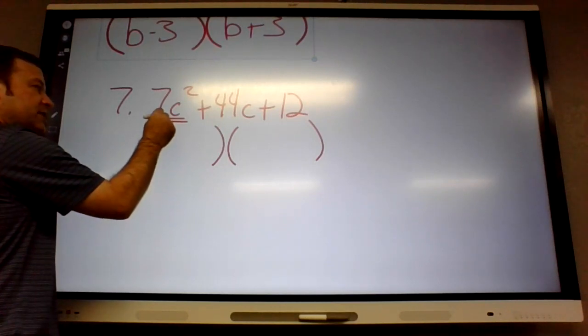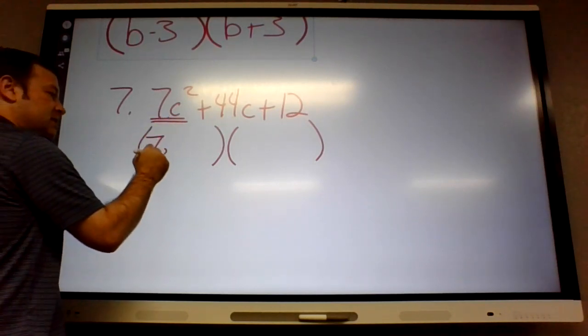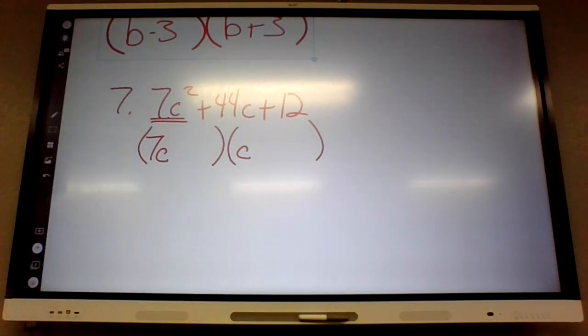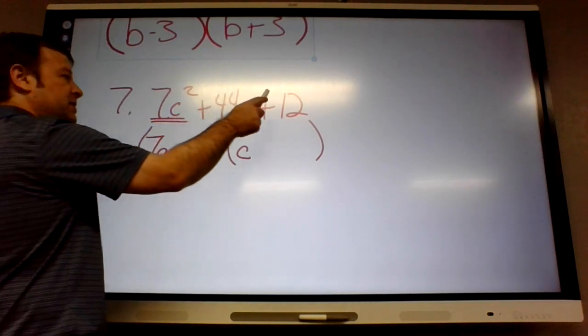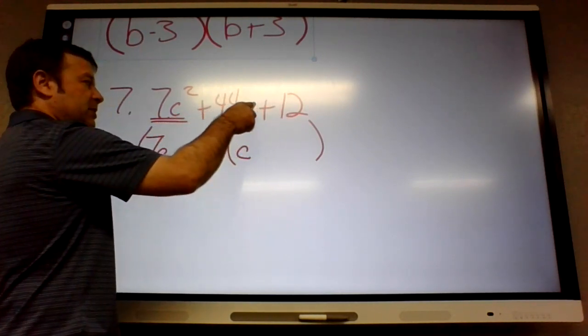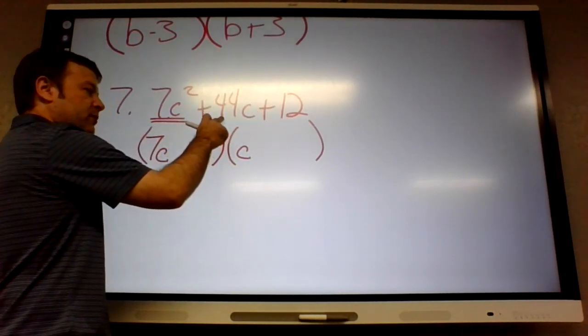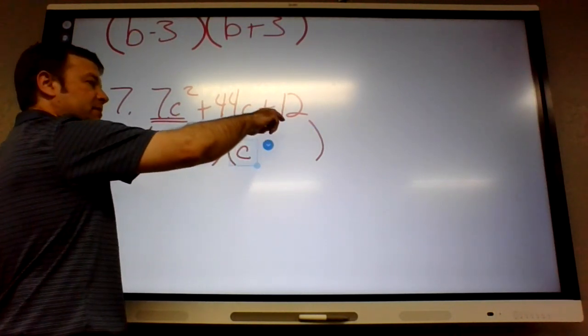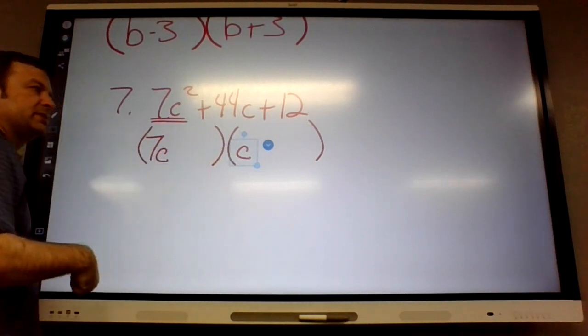Okay, what goes into 7c squared? 7c times c. And in the back, you're asking what multiplies into 12. But you're not saying that adds up to 44 because there's numbers in the front. You have to FOIL it to check it.